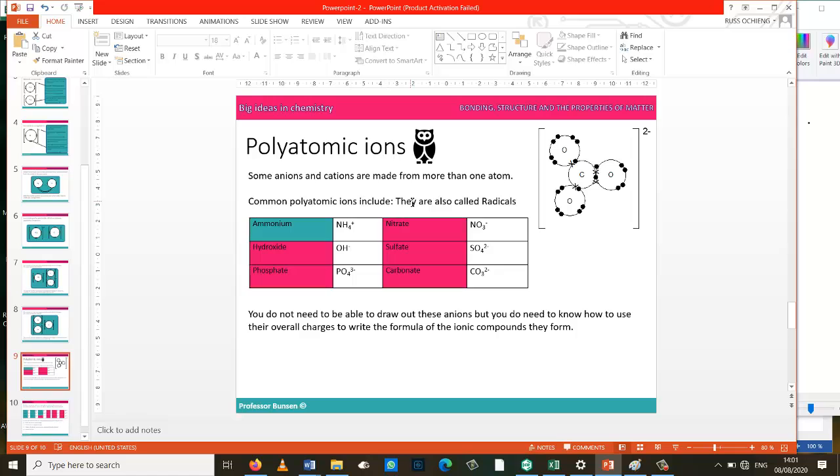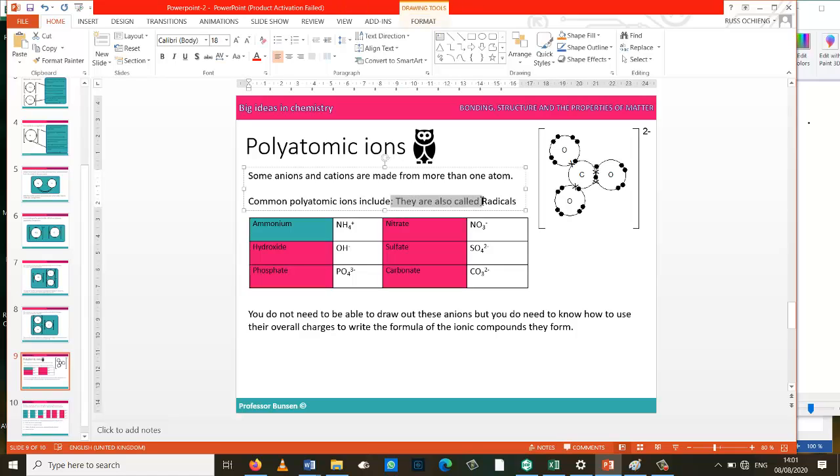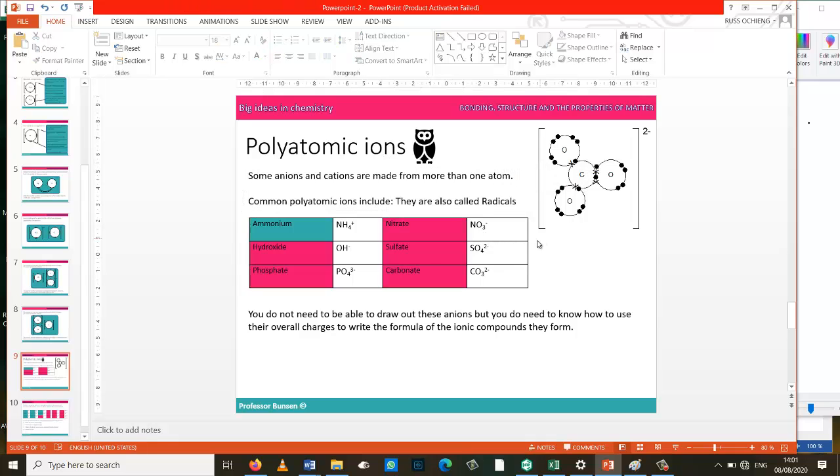Now, they can also be referred to as radicals. Remember, radicals are elements grouped together and they have a net charge and they react in a combined state, meaning they cannot be separated.